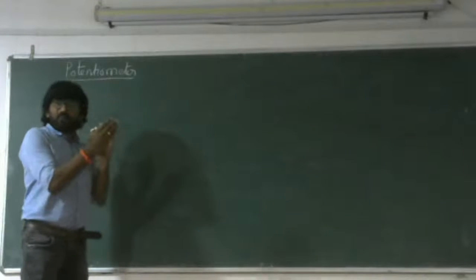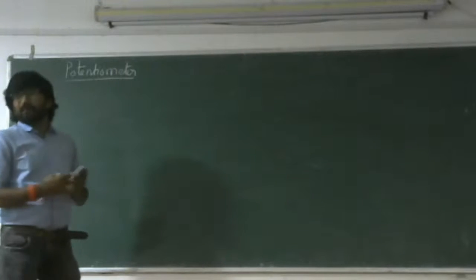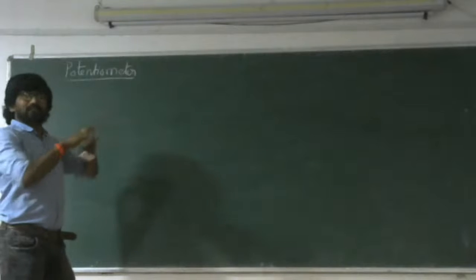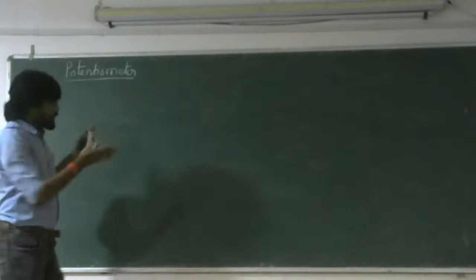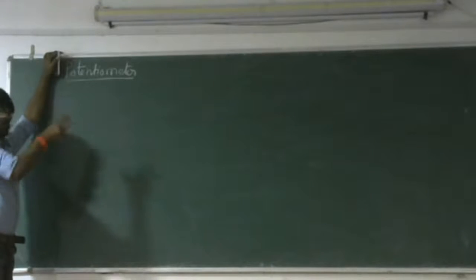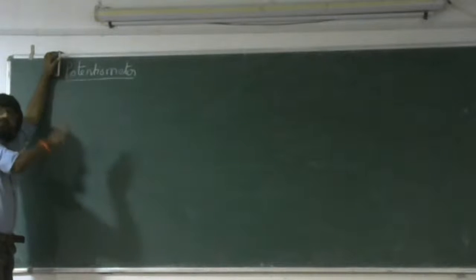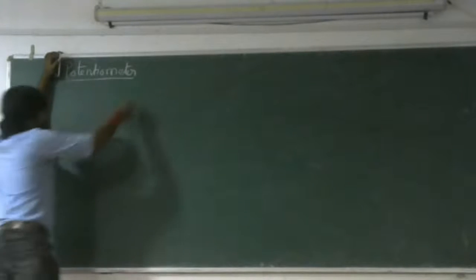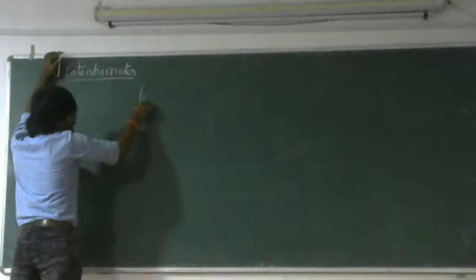Here, it somewhat resembles a meter bridge, but both are not exactly the same. How are they not exactly the same? Let us see. In the circuit diagram of the potentiometer, it will have two circuits. We call them the primary circuit and the secondary circuit. The primary circuit will have a battery.